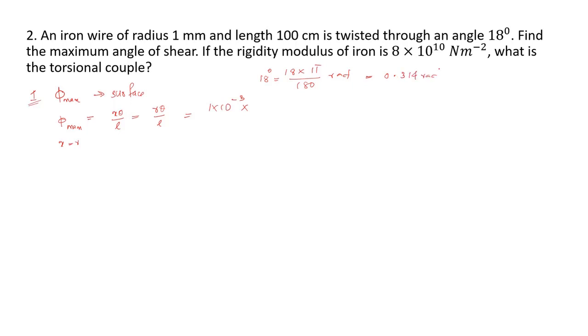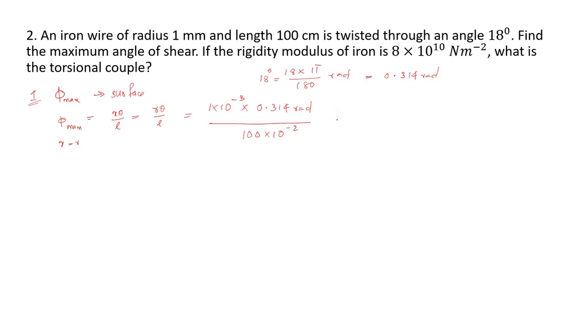0.314 radian. So let's substitute for theta. It is 0.314 radian divided by the length, and that is 100 centimeter. So centimeter has to be converted. It is 10 to the power negative 2 meter. So 100 centimeter is converted into meter.